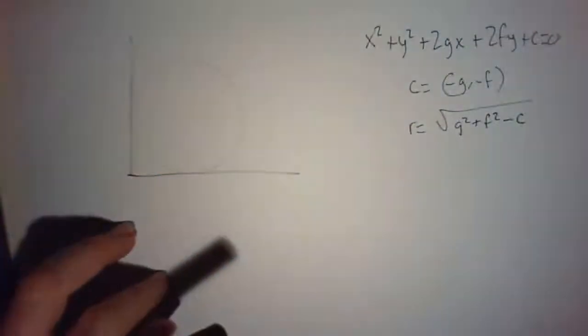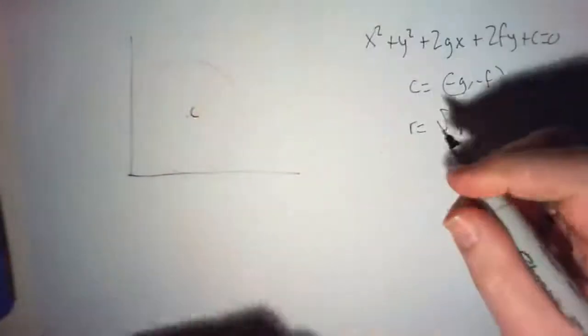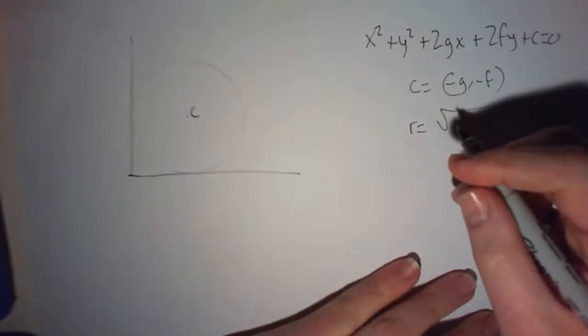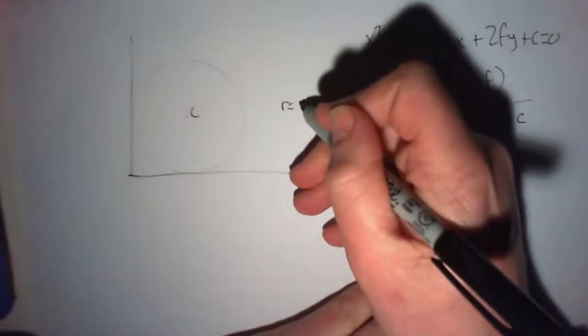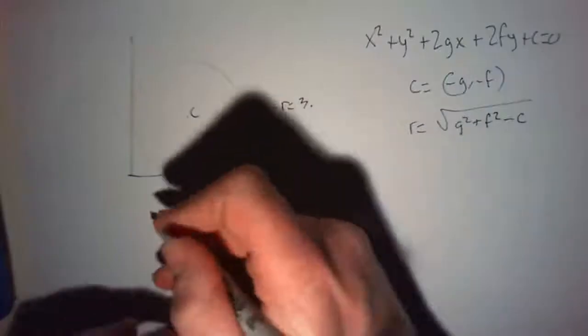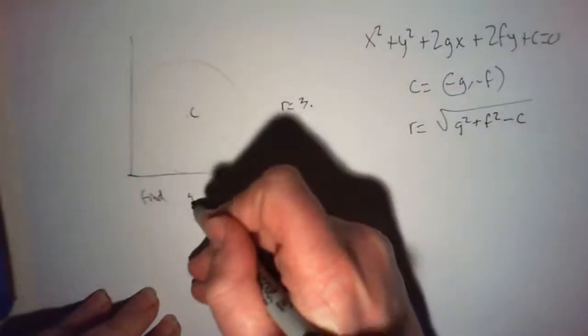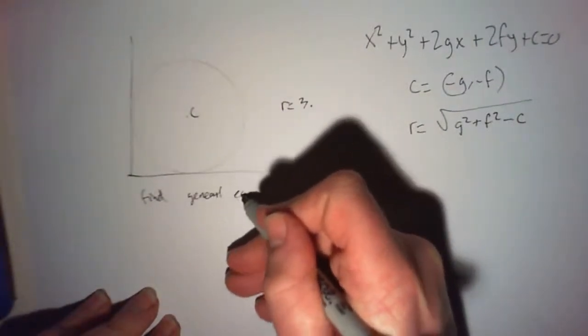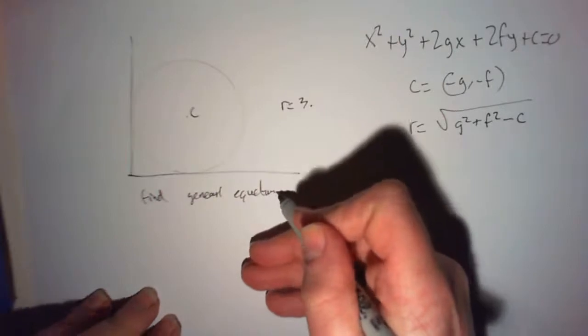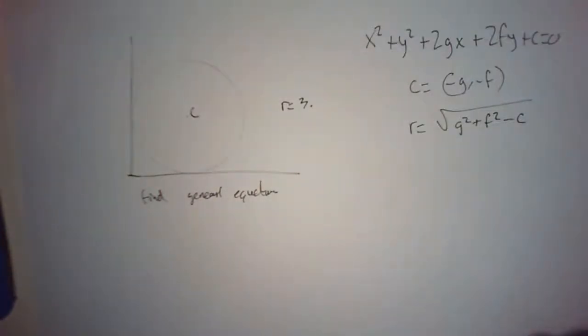You know what I mean? It's just sitting there in that little corner, and it has a center of C. If the radius is equal to 3, we want to find the general equation. That's all the information I'm going to give you.